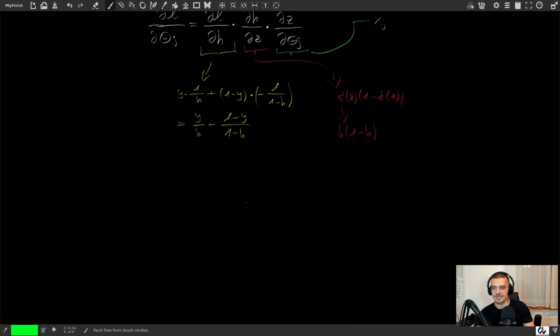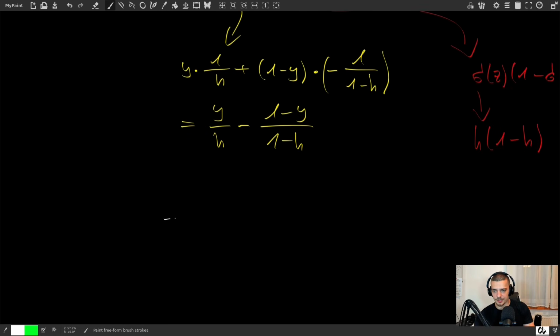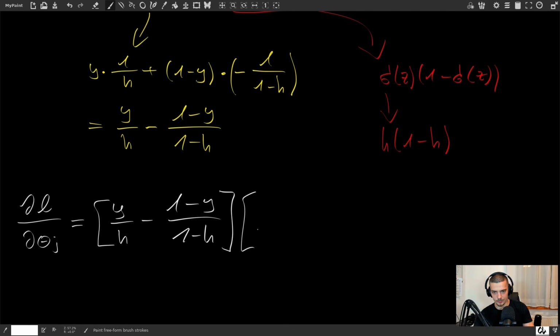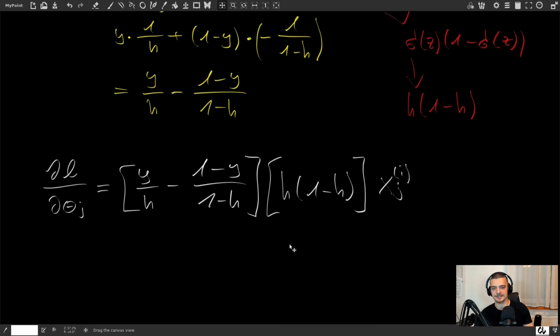All right, and when we take all of that together, what we get as a result down here is the partial derivative. So the log likelihood function taking the derivative with respect to theta j is equal to all of this combined, y over h minus 1 minus y, 1 minus h, multiplying that with h times 1 minus h, and multiplying that with xj, ith instance, if you want to specify it like this.